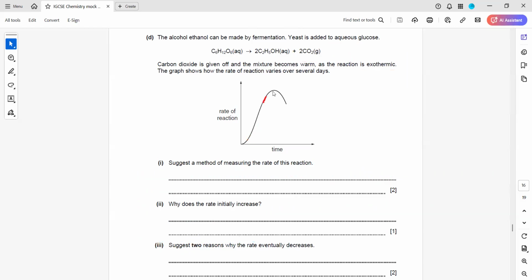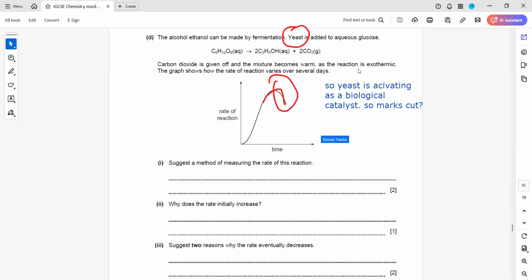But why does the rate decrease? Because if the temperature is too high, it will denature the enzymes which are present in the yeast. No, it will not deduct a mark. You will not lose marks, as yeast is active, a biological catalyst that is increasing the rate as well. But why is the rate continuously increasing?